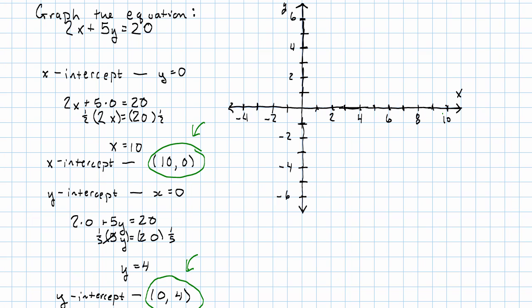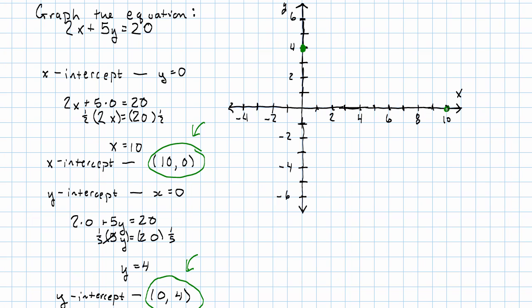I'll go and I'll mark my x-intercept. This is the point where x is 10 and y is 0. I'll mark my y-intercept. This is the point where x is 0 and y is 4. Notice that those points were actually pretty easy to draw in. They were pretty easy to find because they were right on the axes. That's why we like the x and y-intercept for graphing with.